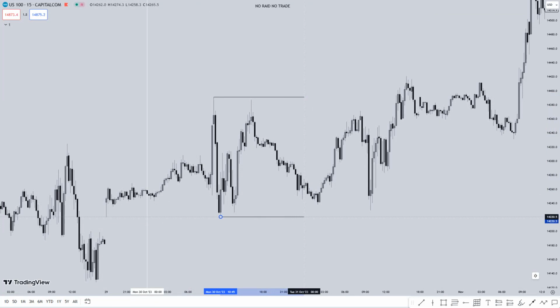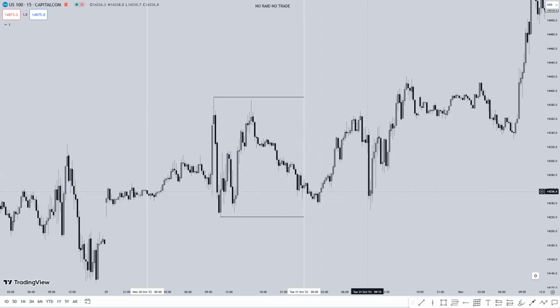Like I said, the trades will form by your previous day's high and lows, sessions, or your weekly highs and lows. That's when you can look for your entries or your exits. So in this instance, we opened up, traded lower, created a low in London, traded higher, and then we traded lower again.